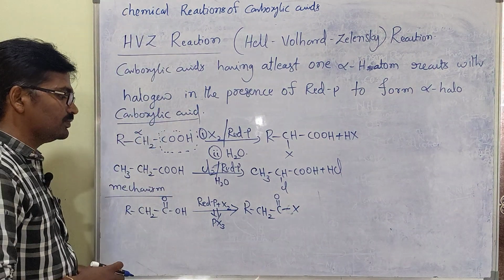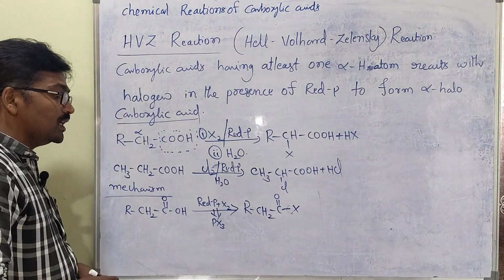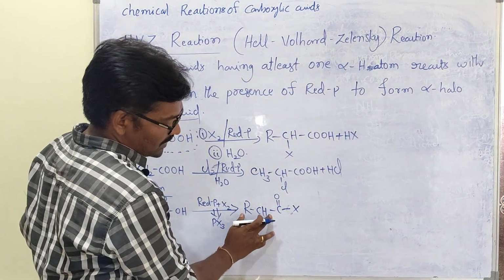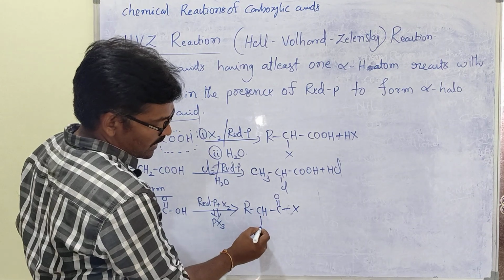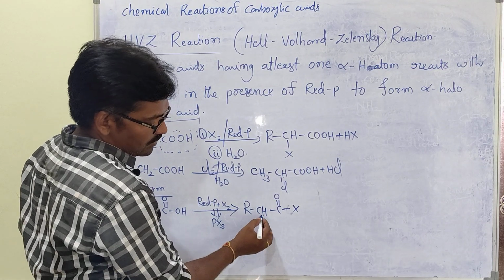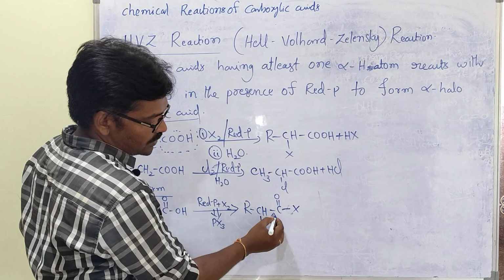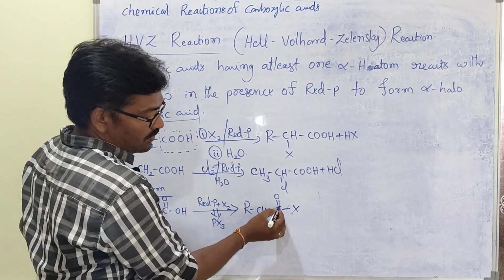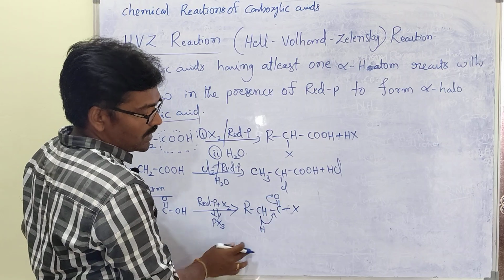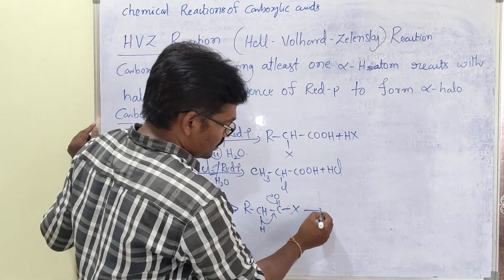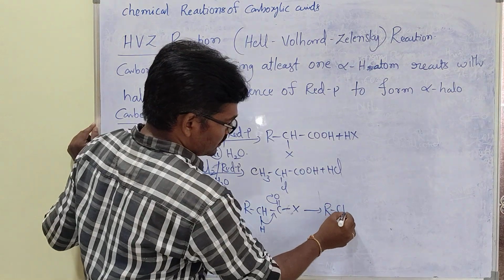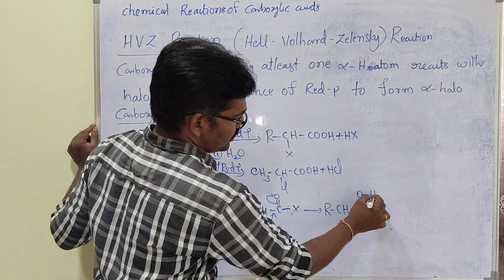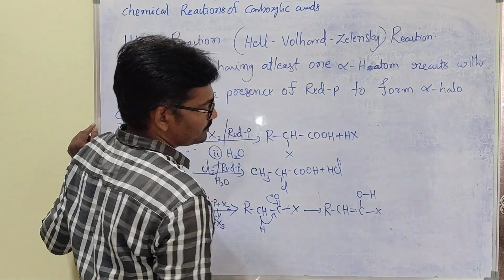Okay, clear, right. Next, enol formation takes place. One of the hydrogen atoms, the carbon-hydrogen bond, will be shifted to between the carbons, resulting in RCH double bond C(OH)X.